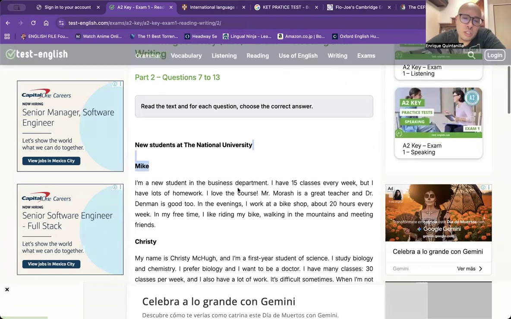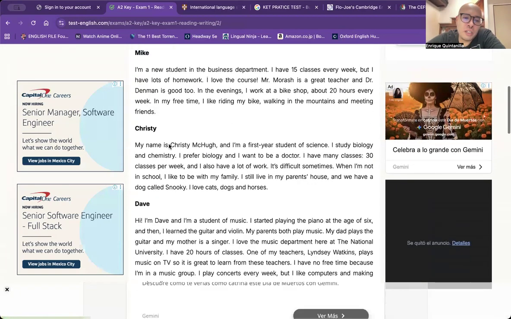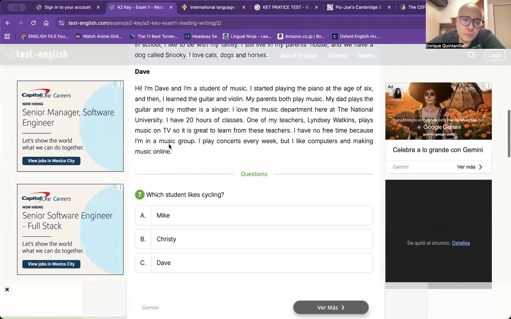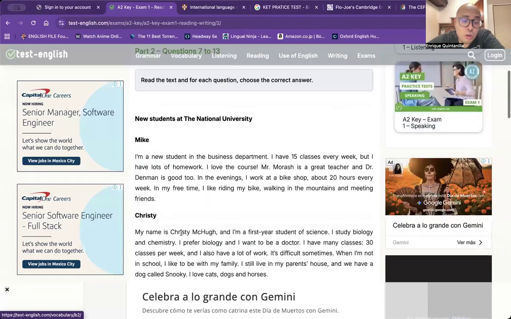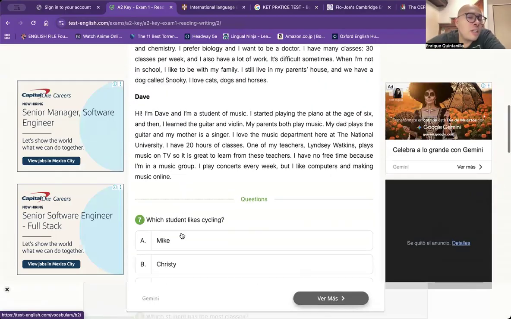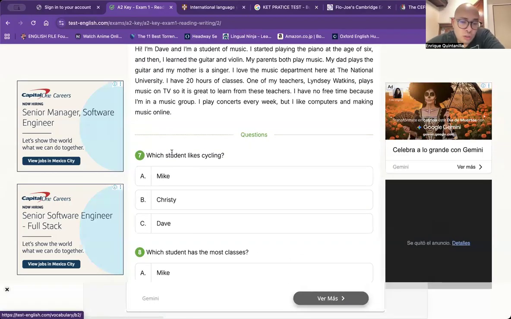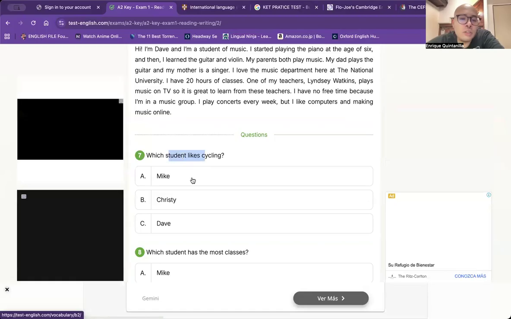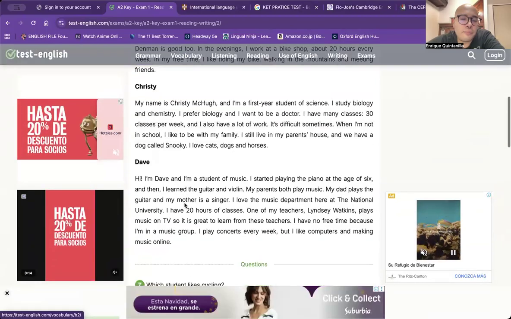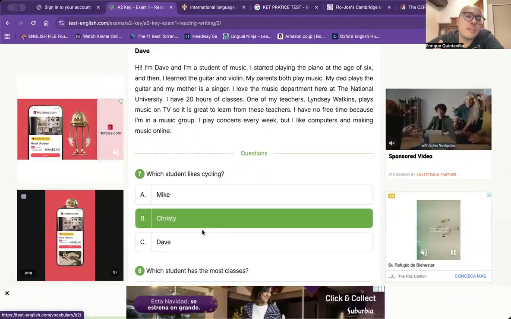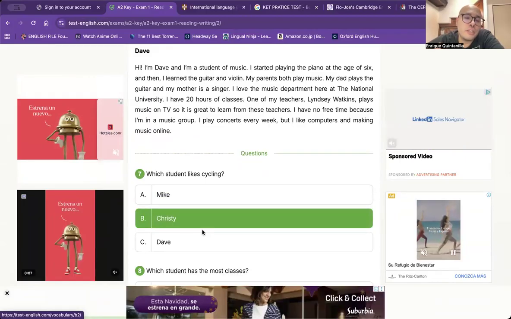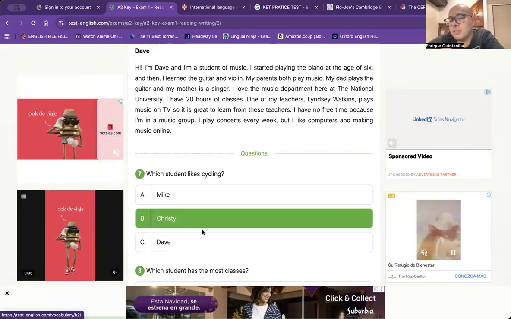So new students at the National University: we have Mike, Christy, Dave, three different texts, and I highly recommend that you read all of them and try to remember. In the sentences, you have to choose a person, the most related phrase to that person in the text.